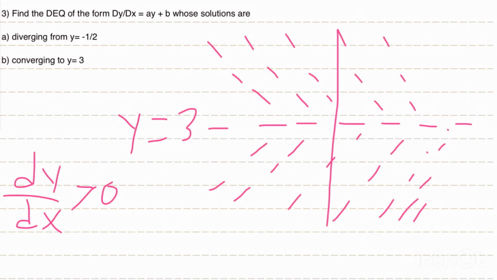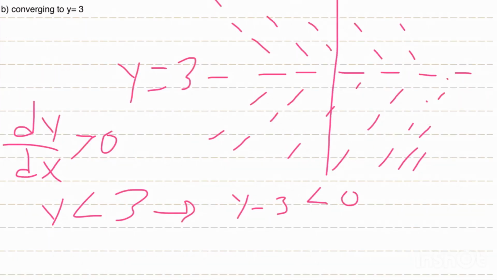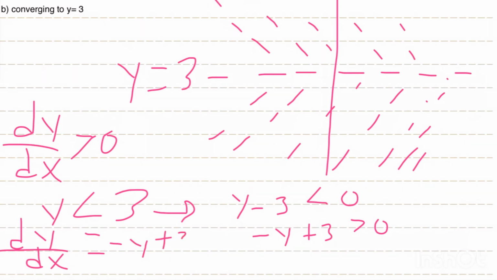And it's below y equals 3, so when y is less than 3, we could rearrange this to be y minus 3 is less than 0. And we want to flip the sign since we're using dy/dx is greater than 0. So when we flip it, we need to make it negative: negative y plus 3 is greater than 0. So dy/dx is equal to negative y plus 3, and therefore a is negative 1 and b is 3.